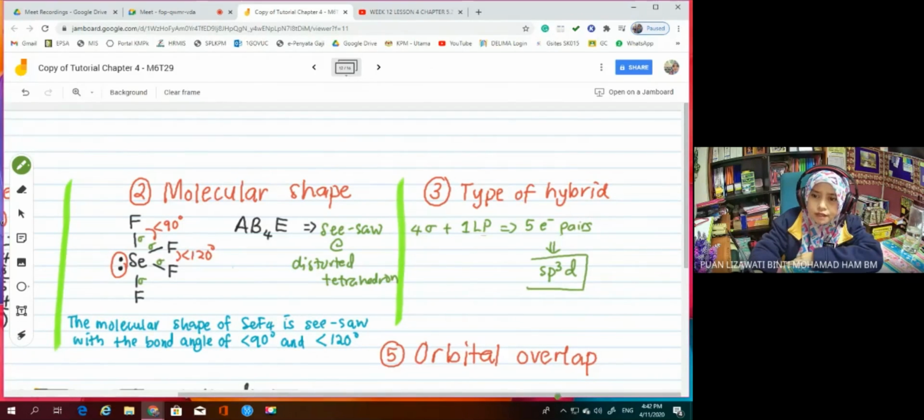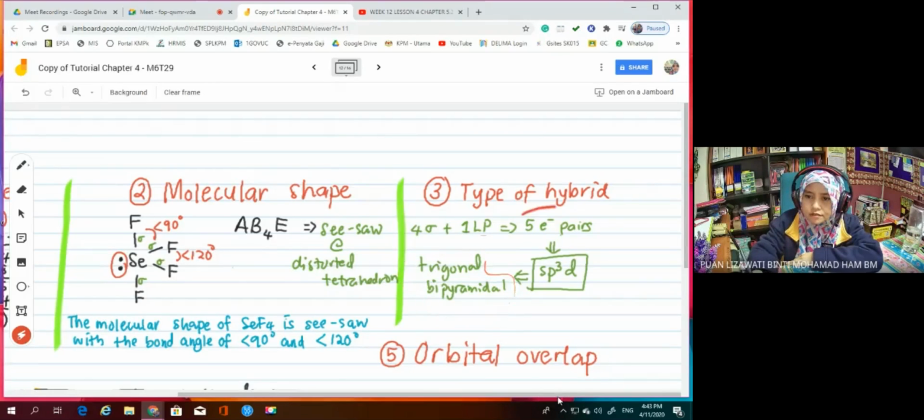The 5 electron pairs are arranged in a trigonal bipyramidal shape. Don't get confused here: the shape for sp3d is trigonal bipyramidal, and all 5 electron pairs are arranged accordingly. As for seesaw or distorted tetrahedron, this refers to the actual shape of SeF4.